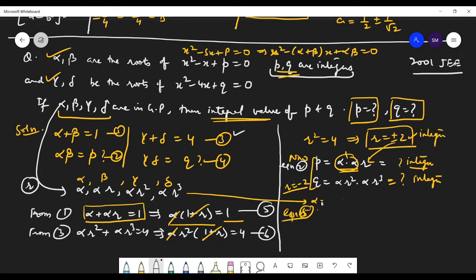T is equal to -2 and Q is equal to -32. Okay, all of you find it out.